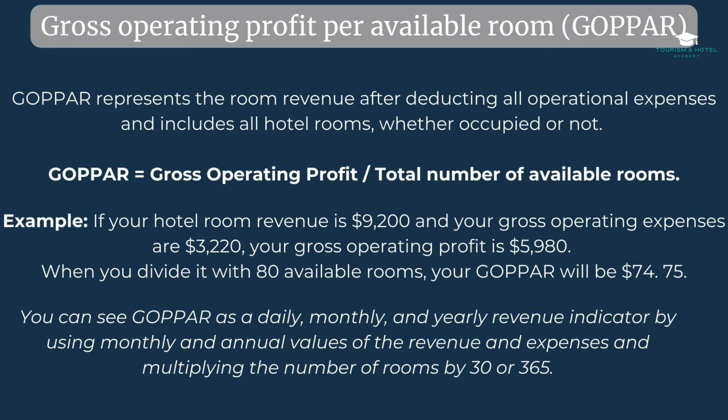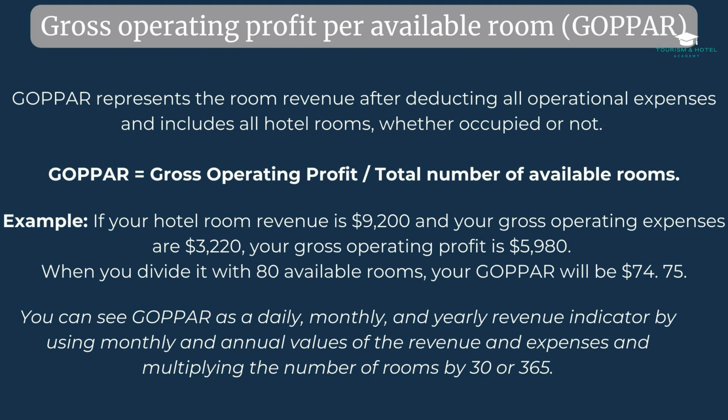Gross operating profit per available room, or GOPPAR. GOPPAR represents the room revenue after deducting all operational expenses and includes all hotel rooms, whether occupied or not. So, GOPPAR equals gross operating profit divided by the total number of available rooms.